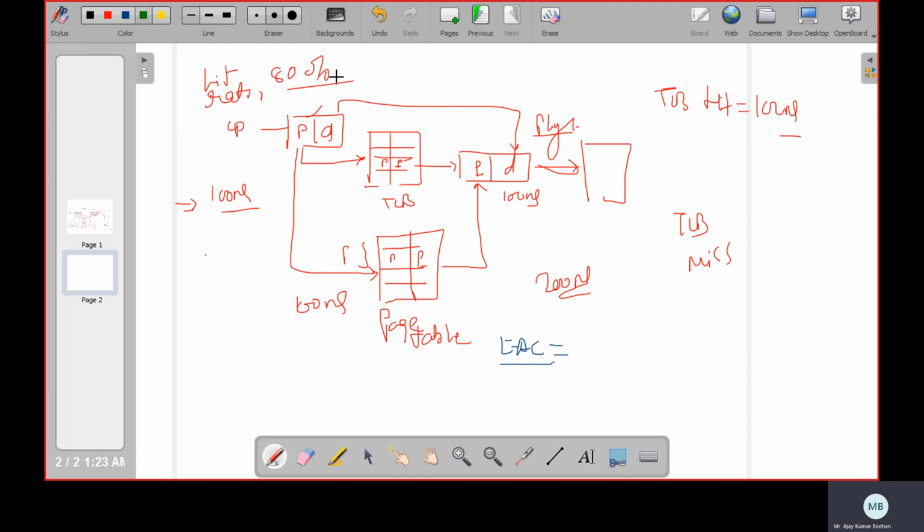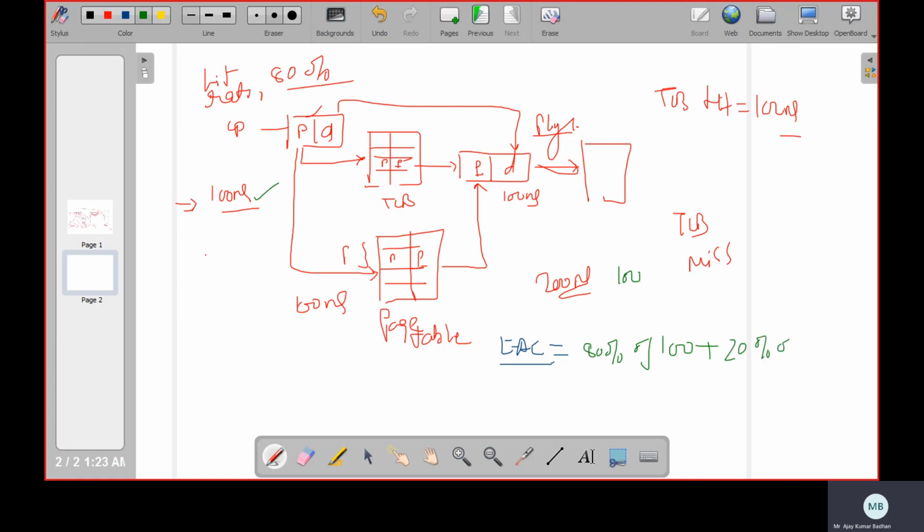How can we calculate that effective access time? It's very simple. The hit ratio is 80%, which is nothing but accessing from your TLB. So 80% of the time taken in TLB, how much? 100 nanoseconds. So 100 plus, what about the remaining? 80% is the hit ratio, so what about the 20%? We may not be able to get it from the TLB.